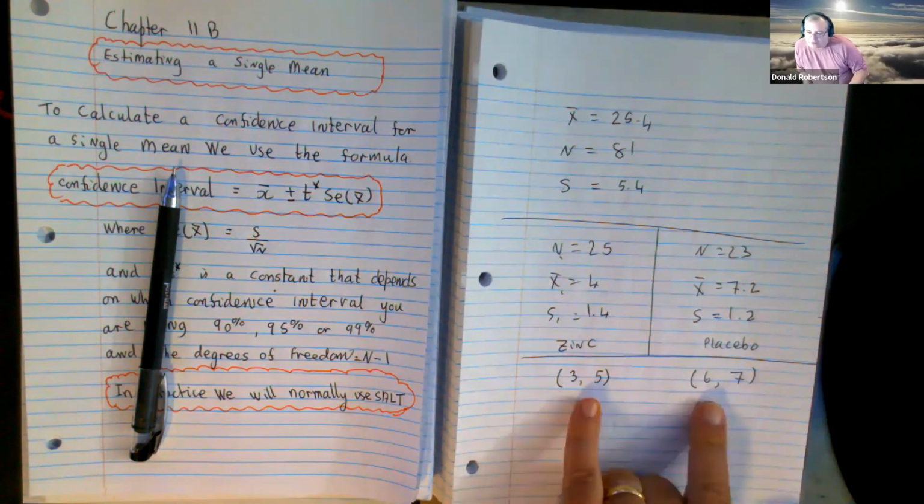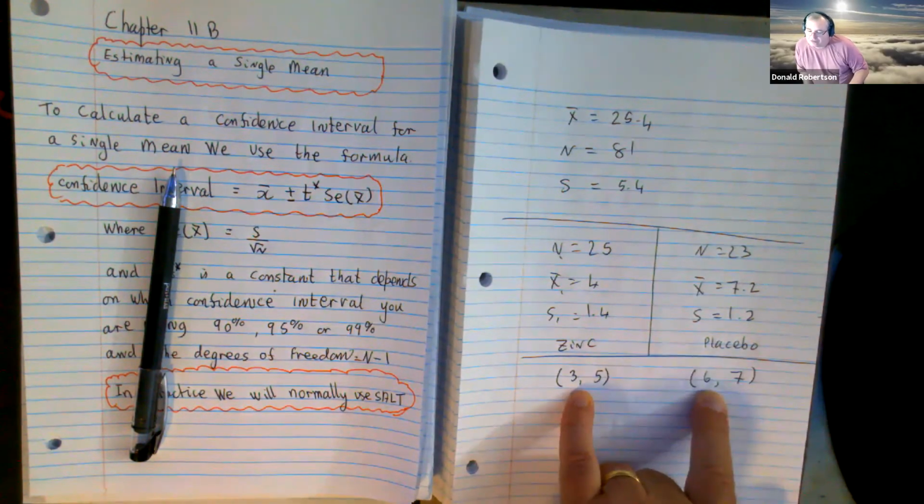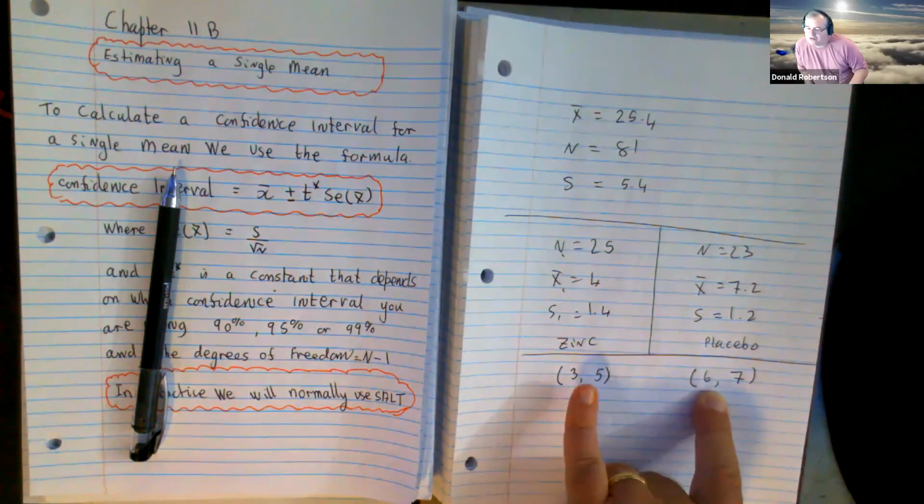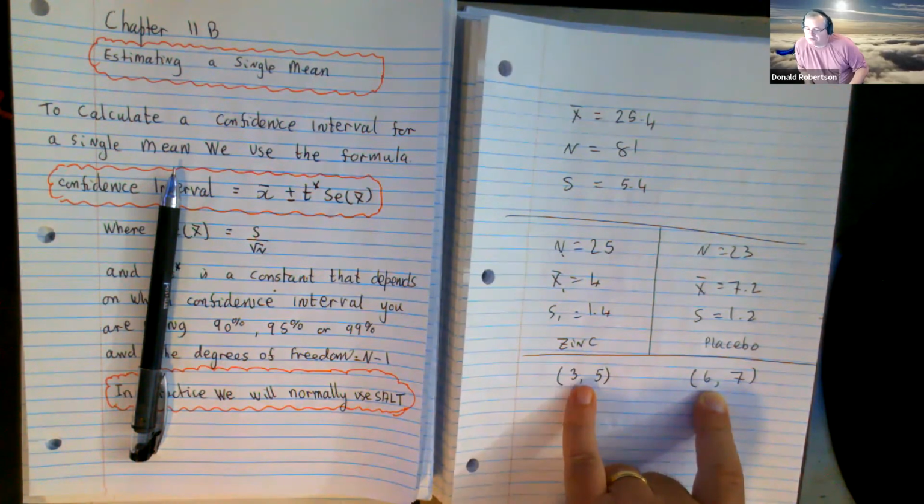When you look at these two intervals, do you notice something very interesting? They do not overlap, do they? So couldn't you use this as evidence that zinc actually reduces the amount of time you'll have a cold?